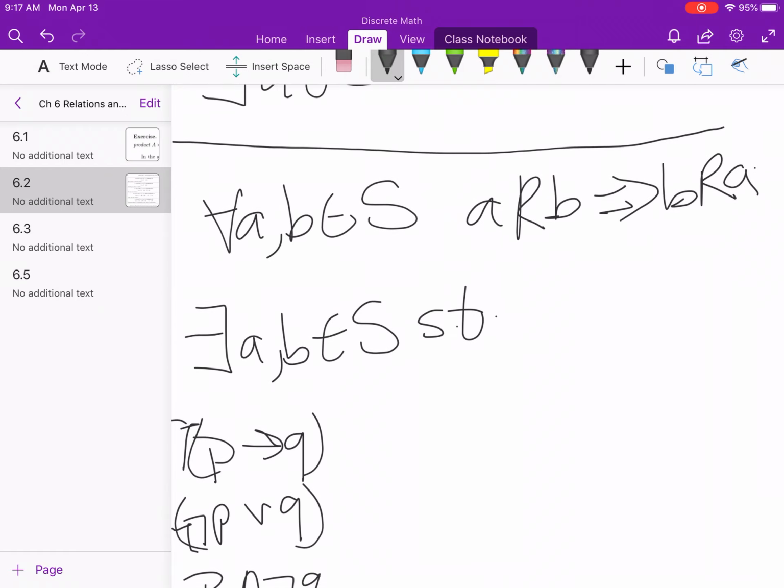So I get that A is related to B, and B is not related to A.